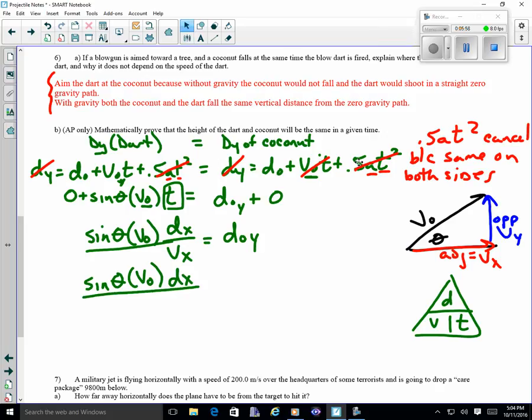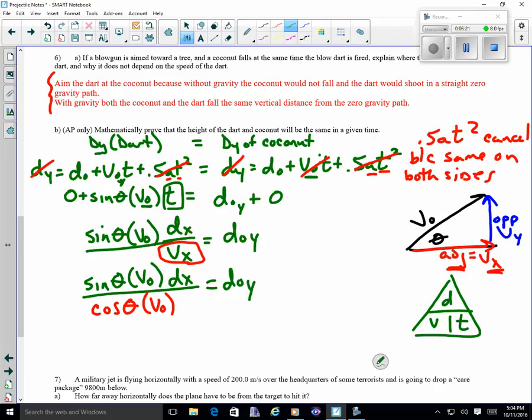For vx, I'm going to put in the cosine, because to find the adjacent side, you use the cosine of the angle times the hypotenuse. The hypotenuse is v0. And that all equals the original distance in the y direction of the coconut. Let's look at what you can do now.